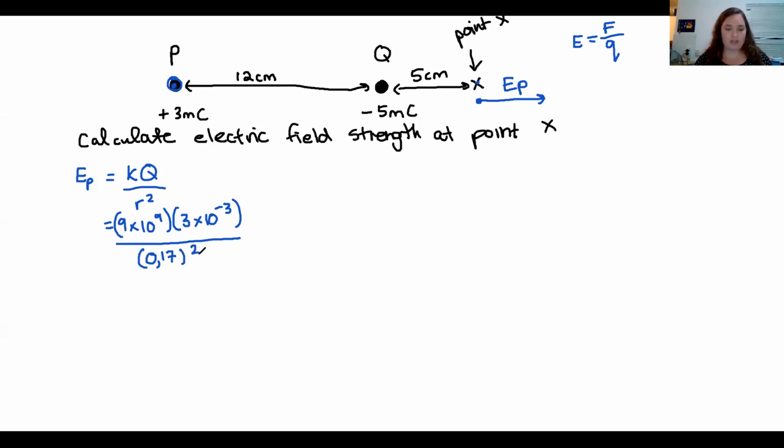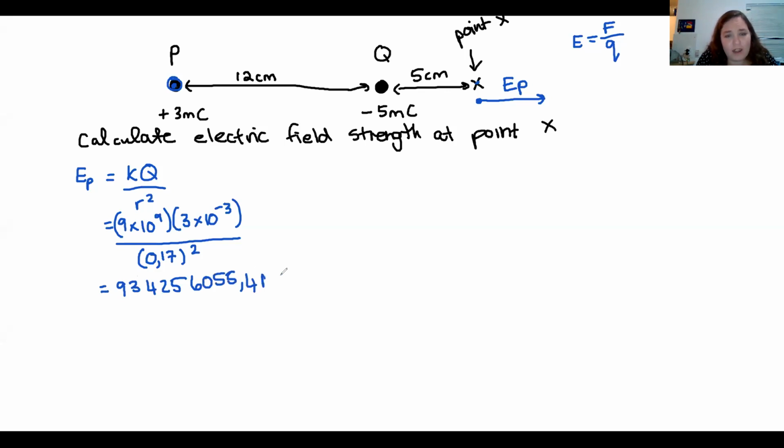So this will be 9 times 10 to the 9 times 3 times 10 to the negative 3. Be very careful here when you divide. You're going to have to make good use of your brackets so that you don't end up dividing by this and then squaring the whole thing. So please just be aware of that. I get an electric field strength that is a horrible number: 934256055.4.